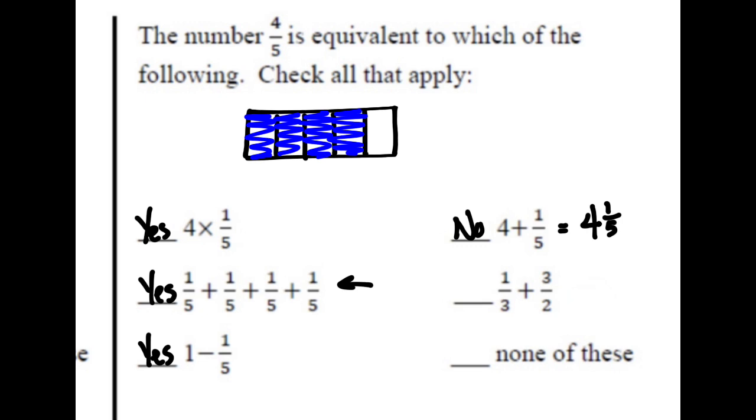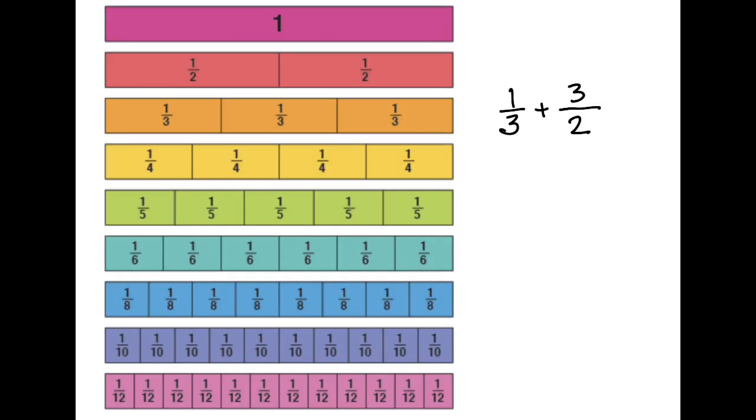Okay, so for example, let me go back to the other screen. Hang on. 1/3 plus 3 halves. Okay, so here we are. 1/3 plus 3 halves means you have one of these orange ones and 3 of these red ones. 2 of them already make 1, so a third one would be out here, and then you have the orange part tacked on the end.